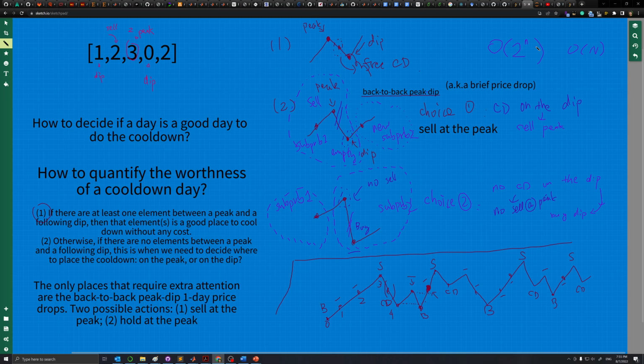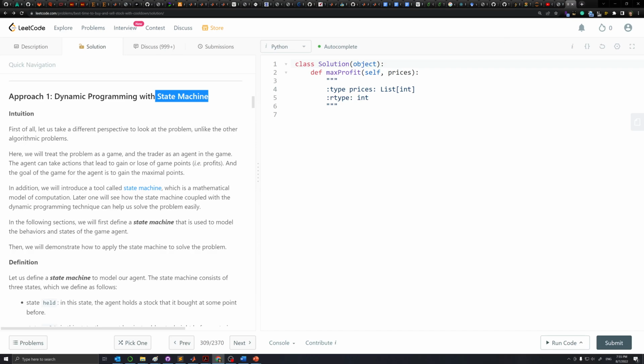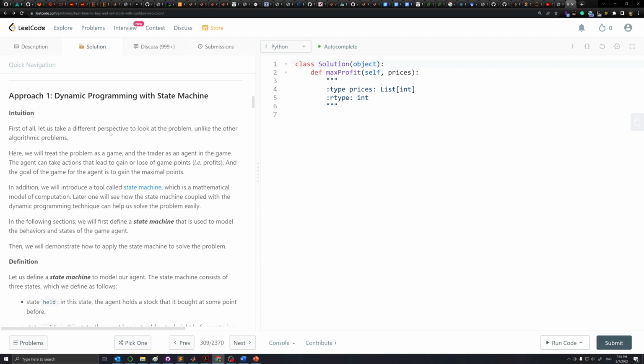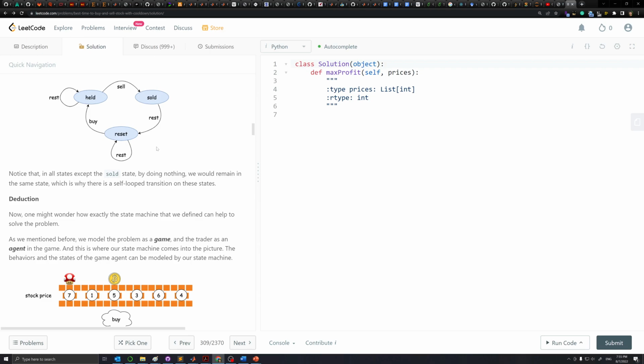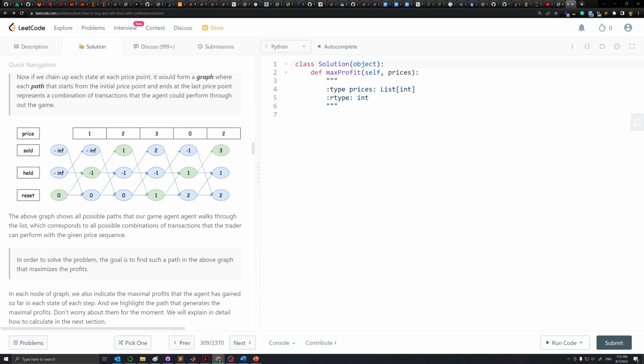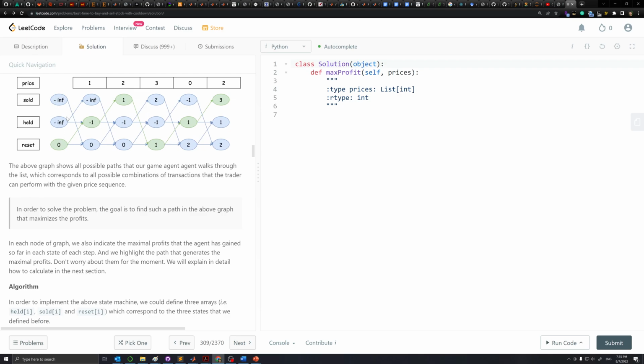So we gave that up and looked at the solution, and the solution is telling us, okay, you're probably going to have to do a state machine transformation of the problem perspective in addition to using dynamic programming. This was actually quite mind blowing to me. This is definitely a principled way of doing it, but from the first round, I also realized there's something I don't quite understand yet.